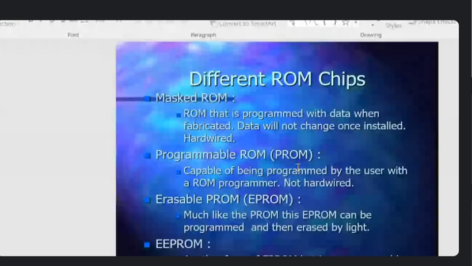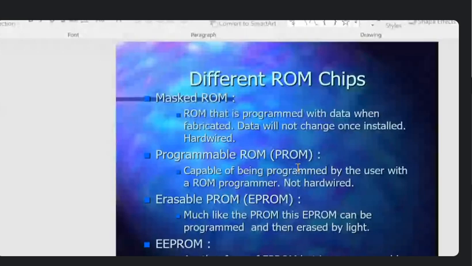It's another form of EPROM, but it's reprogrammable electrically. But this is on the chips, at the point of manufacture. This is the kind of read-only memory chips that you develop.